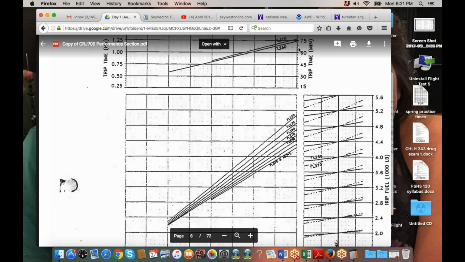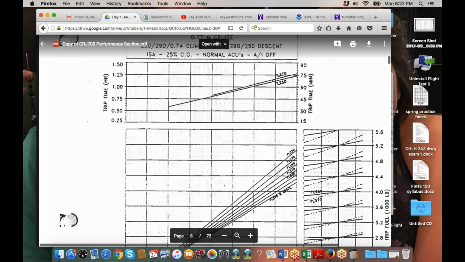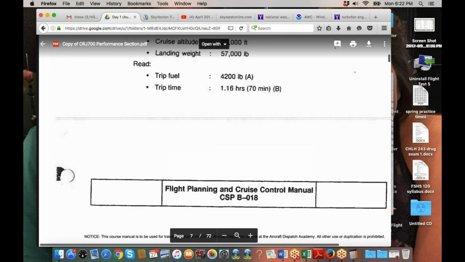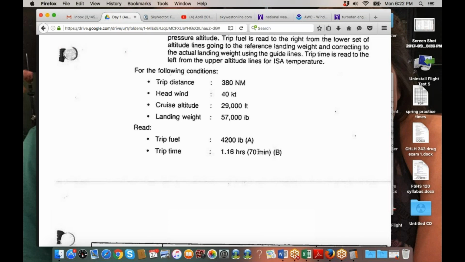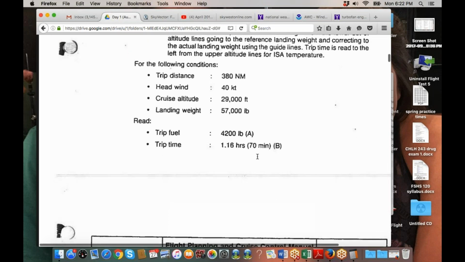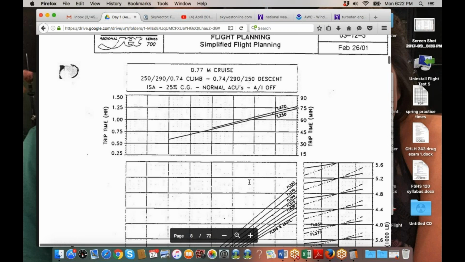Maybe 60, I don't know, 65, 70 minutes. I'm not positive I did that one right, but close. 70 minutes. So for that one we just go all the way up, hit the lines about where it's at, and then go on over.